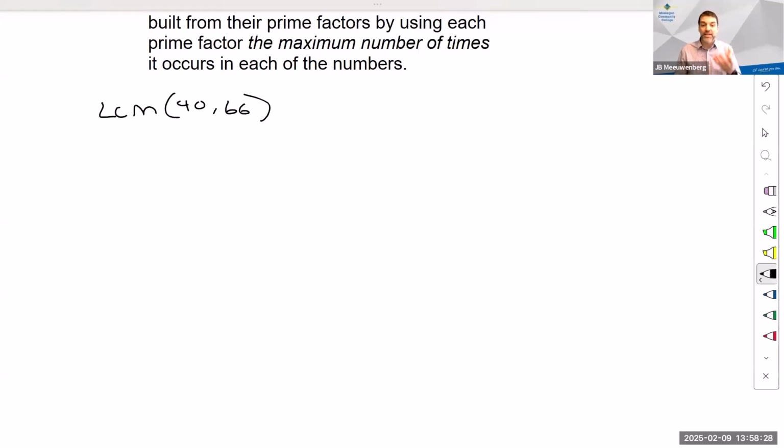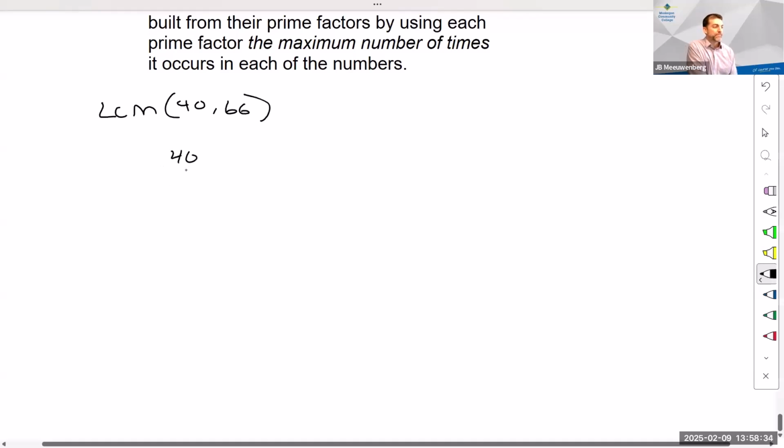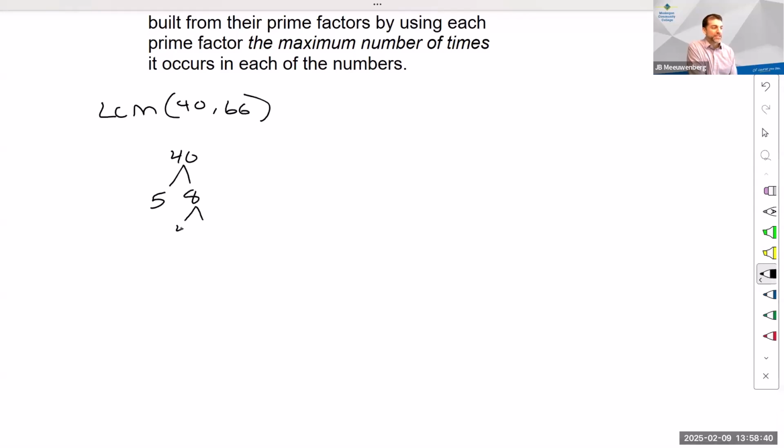So let's start with factor trees. And if you want more practice with that, pause the video and try to do your factor trees. So 40 would be maybe 5 times 8. 8 is 4 times 2, and 4 is 2 times 2. There we go. So here would be our prime numbers.